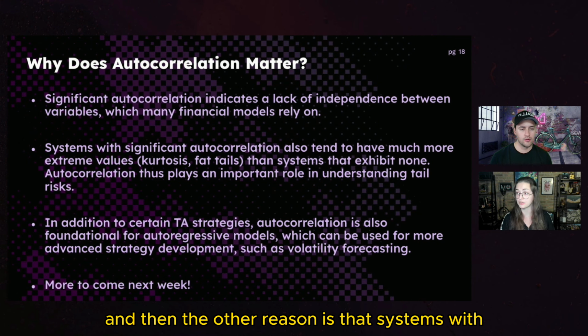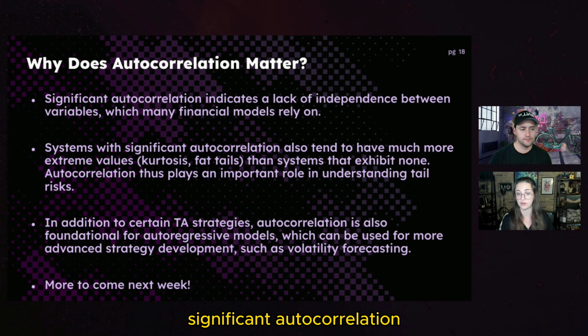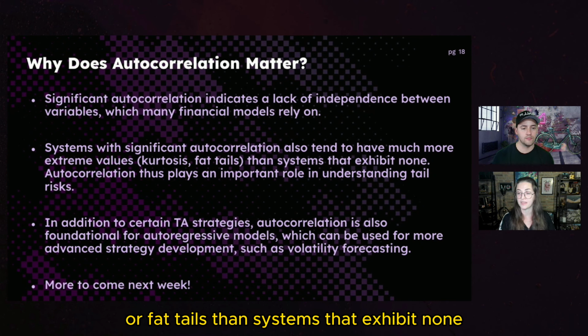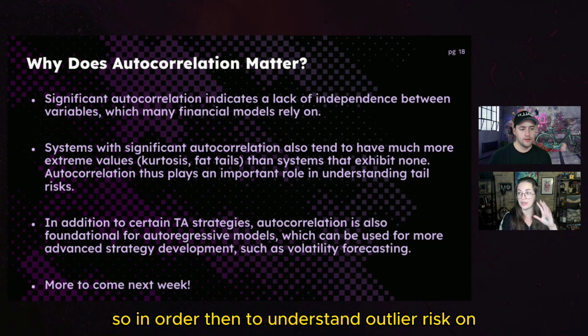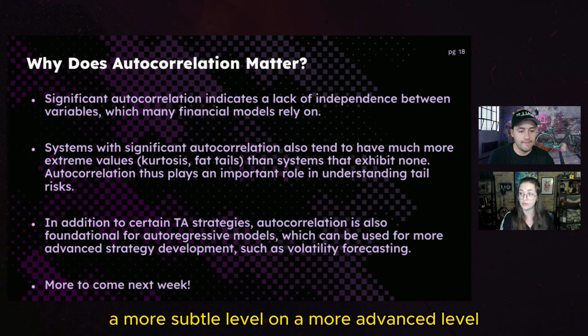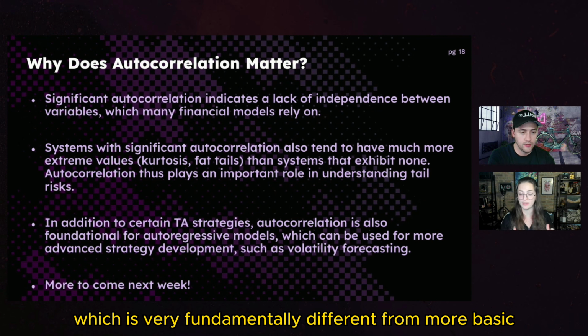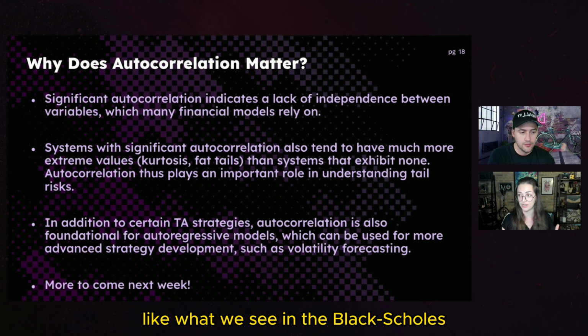And then the other reason is that systems with significant autocorrelation also tend to have much more extreme values, or fat tails, than systems that exhibit none. So in order to understand outlier risk on a more subtle, more advanced level, it also requires you to understand autocorrelation, which is very fundamentally different from more basic models of price movements like what we see in Black-Scholes.